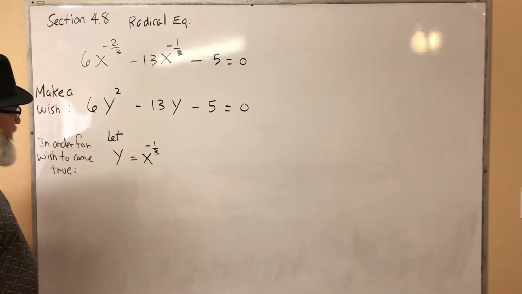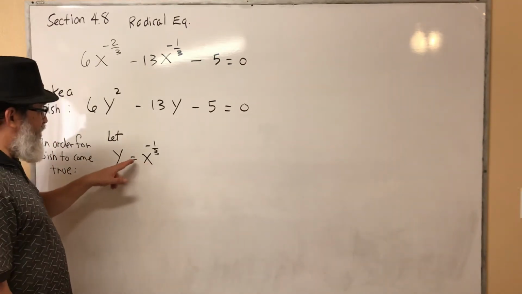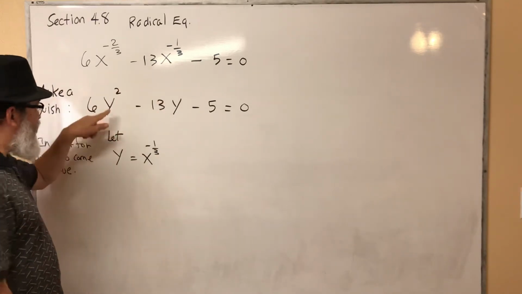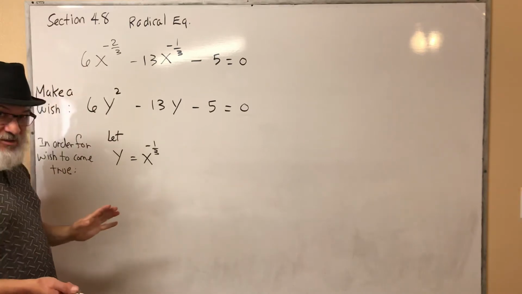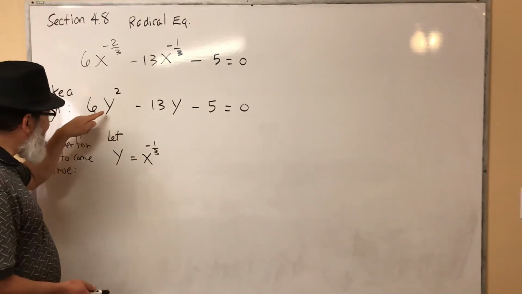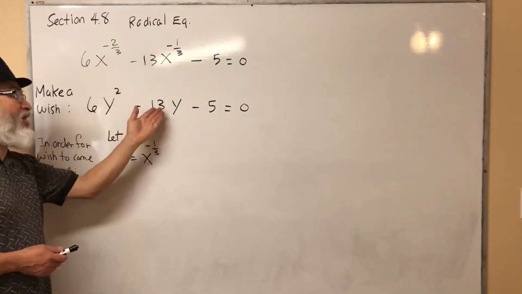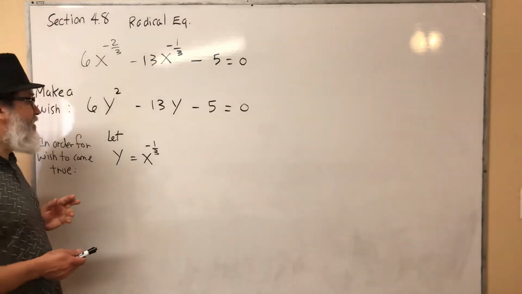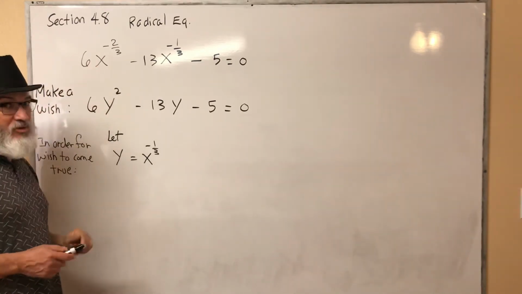Now, if y equals x to the negative 1/3 and if y squared equals x to the negative 2/3, you're in business. So square this and square this. If I get this to equal that, we're in business, and if we solve this equation, we're solving that one. But this y squared needs to be x to the negative 2/3.